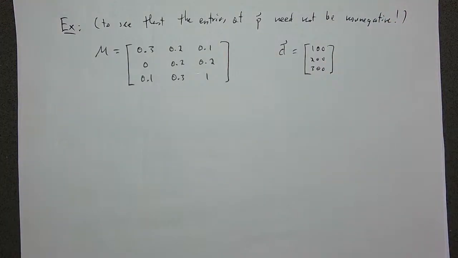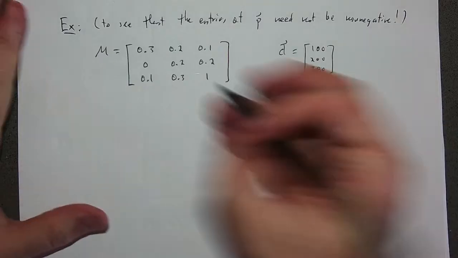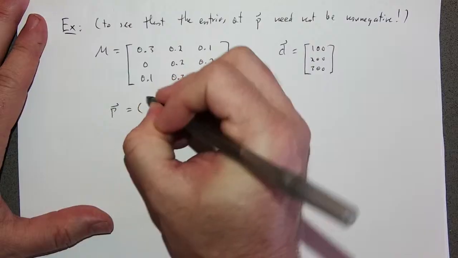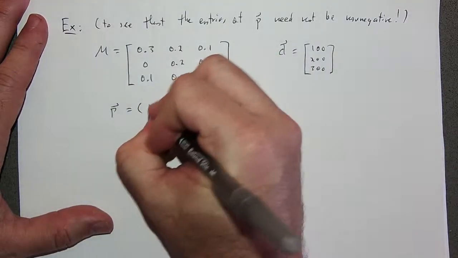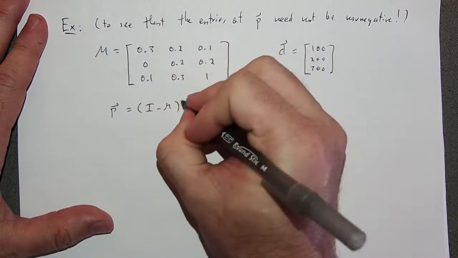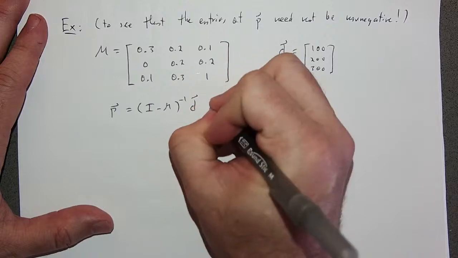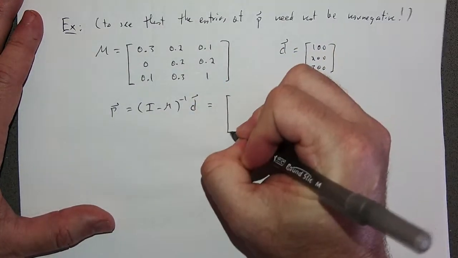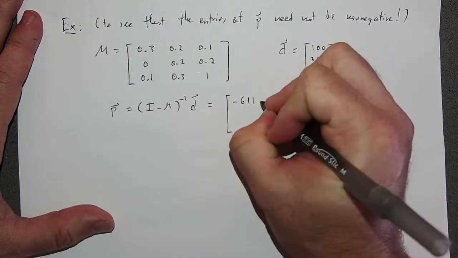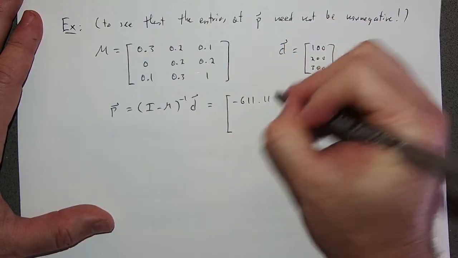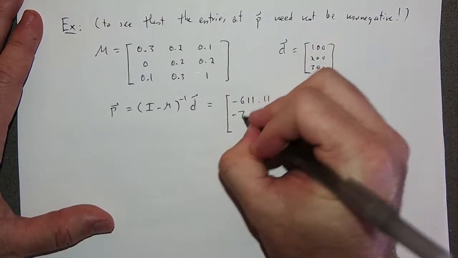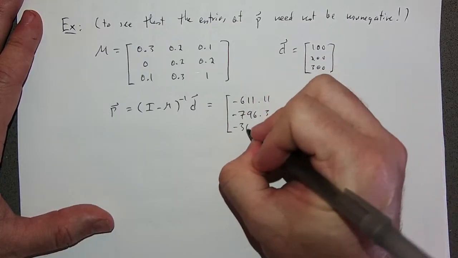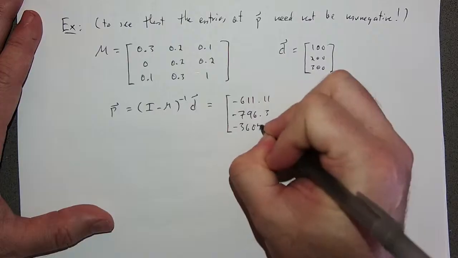And if we do that, then again, I minus M is invertible. And if I compute what P is, it is negative 611.11, negative 796.3, and negative 3685.2.